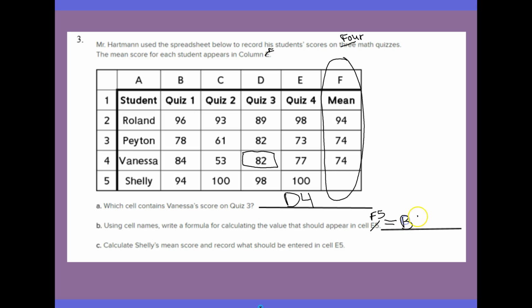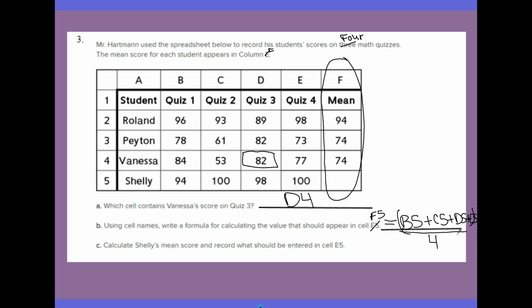So I have B5 plus C5 plus D5 plus E5. And I'm trying not to go off of my recording section here, so that's kind of smushed at the end there. But it's B5 plus C5 plus D5 plus E5. And then after I add them all up, I divide that number by 4.